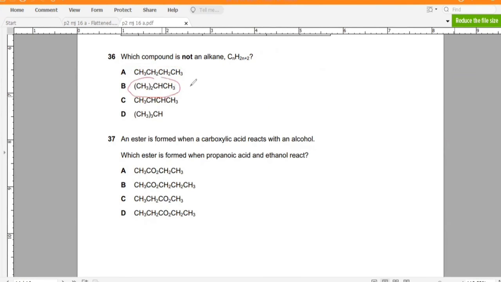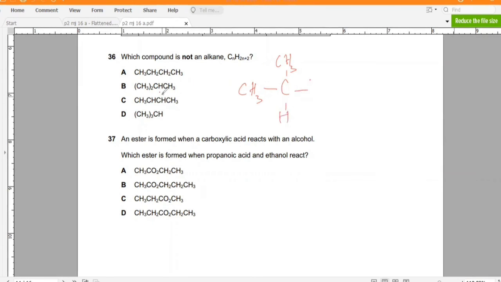And here also, if you look at this compound, methyl is there 2 times. That means here the carbon has 2 methyl CH3 and here CH. Okay, this is the compound. This also seems to be single bond only. And here you have CH3 CH. This is actually an alkene. This is the double bond.